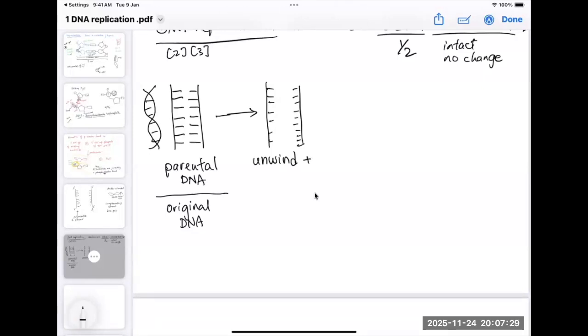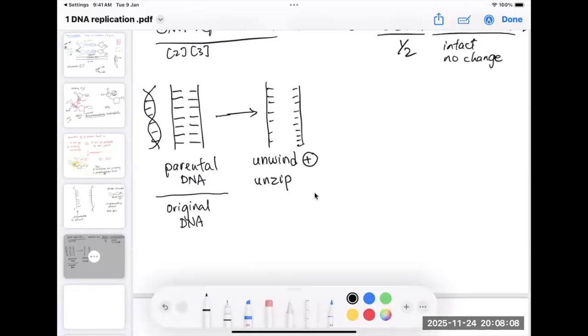That's why you use the words unwind and unzip. At the unwind point, they're still together. Unzip already means not together. So do I put unwind, or unzip, or both? These two words carry different meanings. If we put both, we are saying that the helix is initially twisted, so it unwinds and unzips.